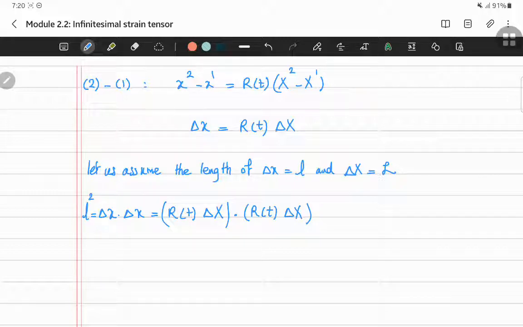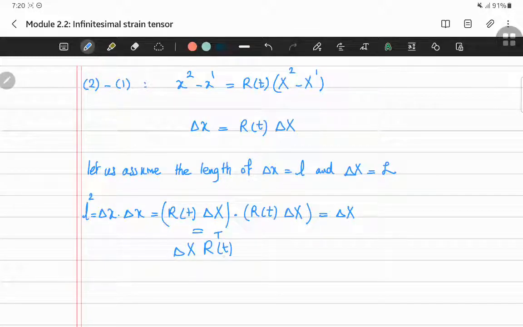So this is equal to delta X dot delta X R transpose, the transpose of this.